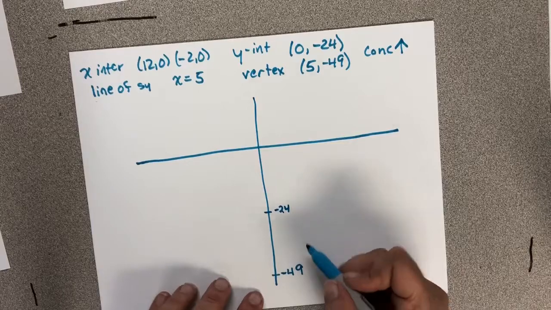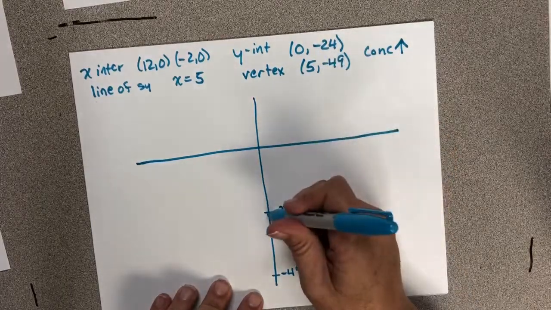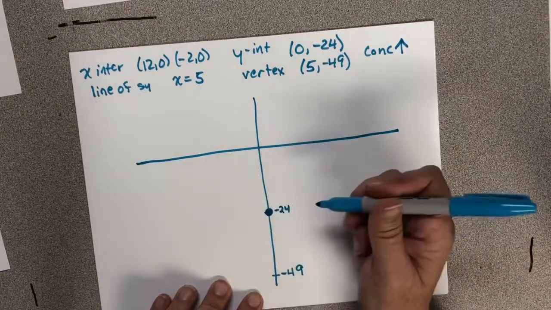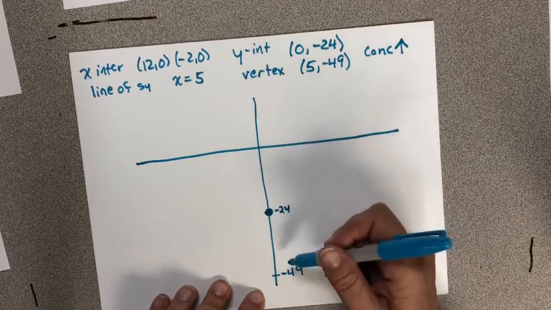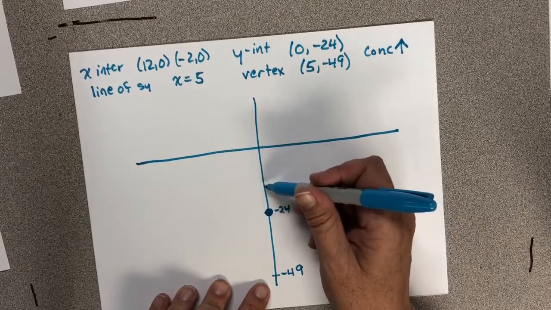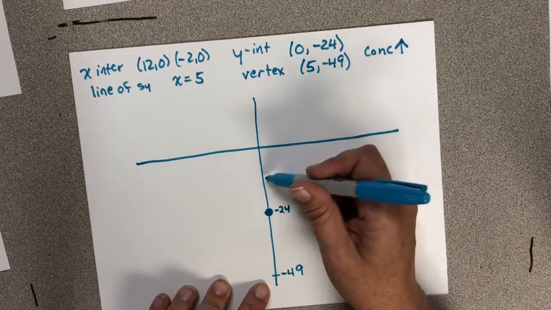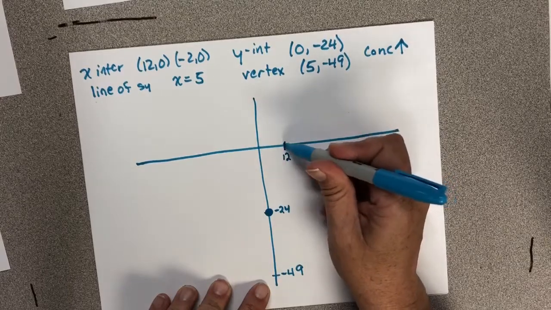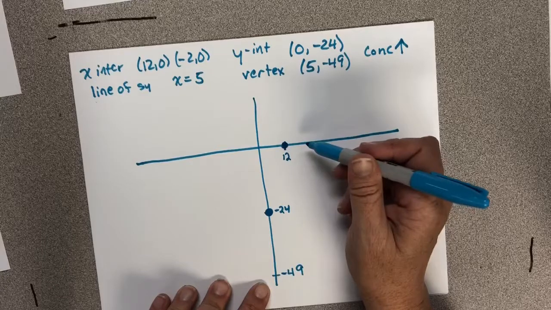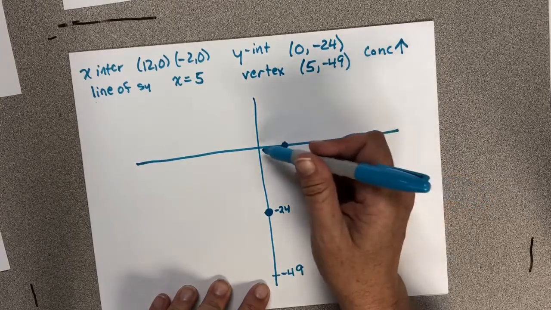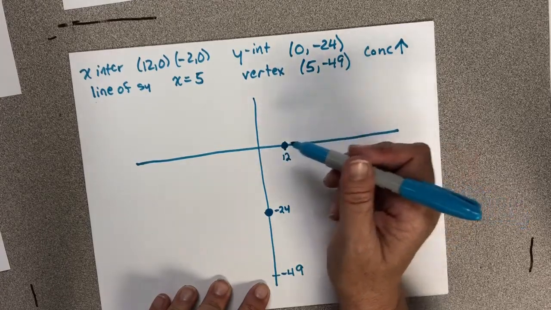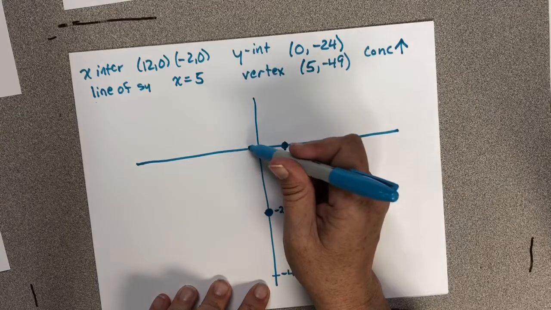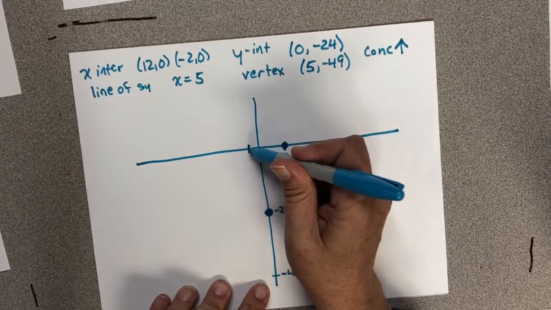So let's graph that. That's my y-intercept. My x-intercepts, well, if that's 24 and I need a positive 12, it'd be like half the distance. Notice I'm putting the 12 there. Then negative 2 is my other x-intercept, negative 2, 0. That's going to be very close.